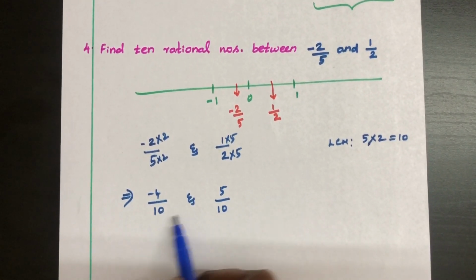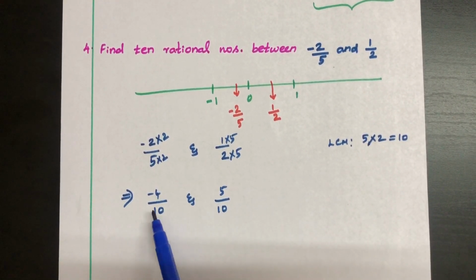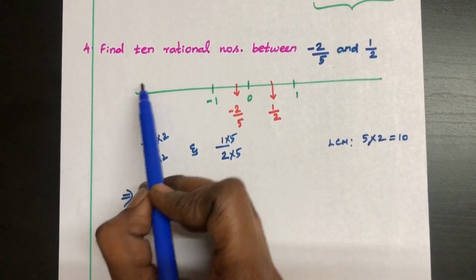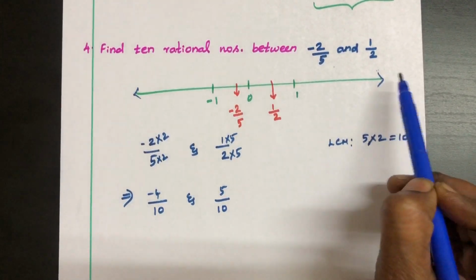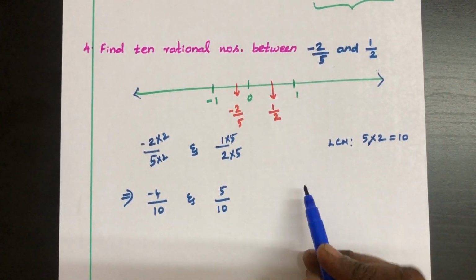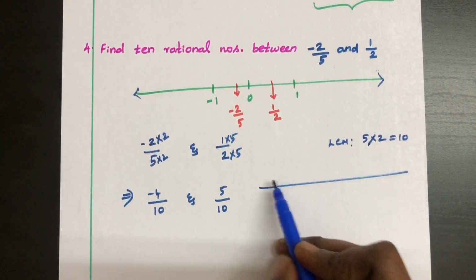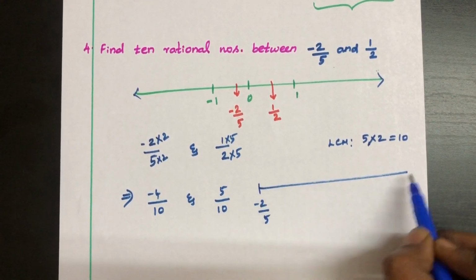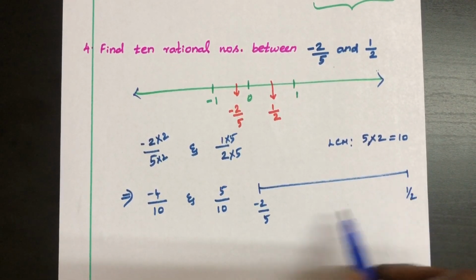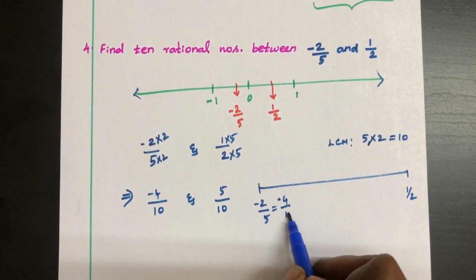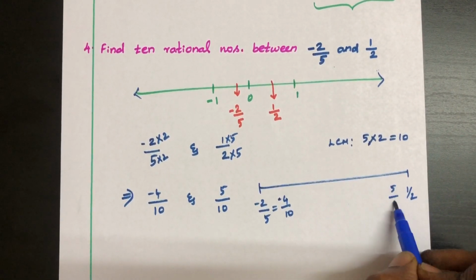Now the denominators are equal. See, if you make the denominators equal, we need to make those many parts in between two numbers. So now, if this is a number line, suppose this is minus 2 by 5 and 1 by 2. We have made it as minus 4 by 10 and 5 by 10.